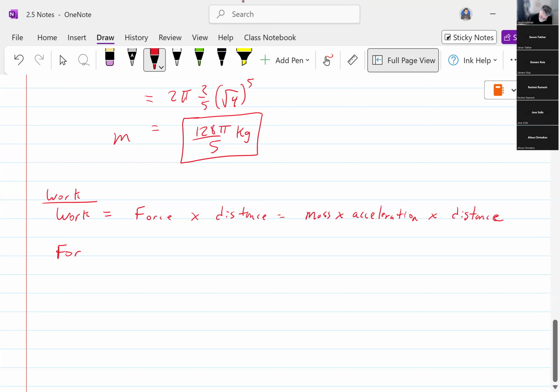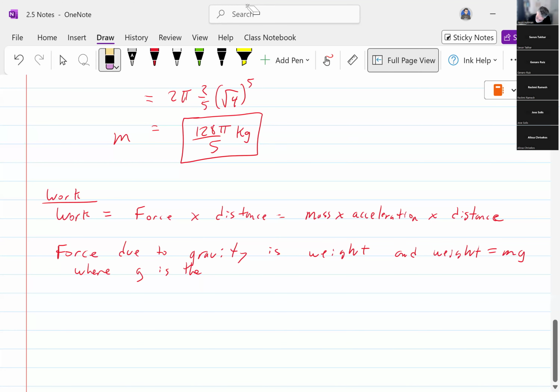Okay, a couple of things that we should note. Force due to gravity is called weight, and weight equals mg, where g is the acceleration of gravity.